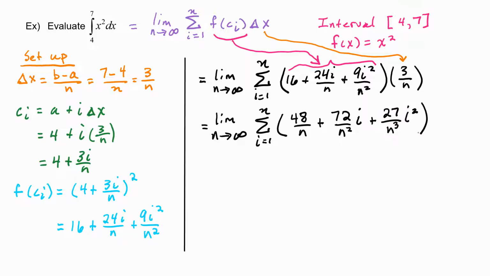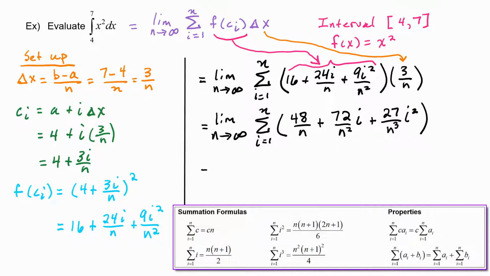Now we are ready to apply our summation formulas. We get limit as n goes to infinity. Now for this first one, remember that the variable of the summation is i, so it's going to treat 48 over n as a constant, and the rule there is you take your constant times n.